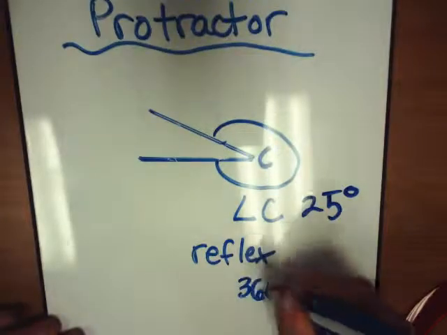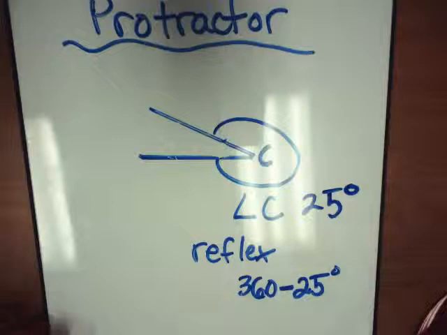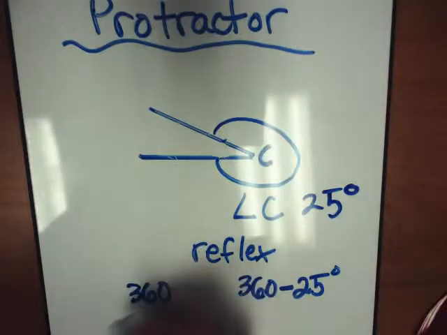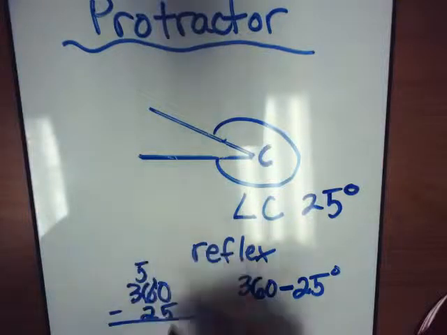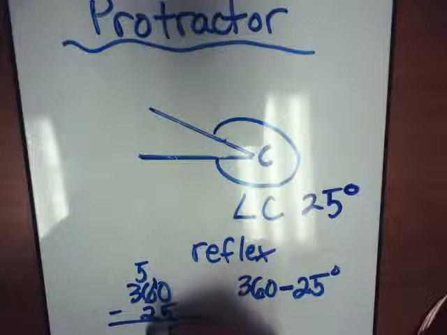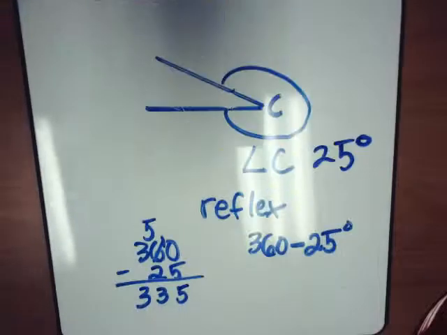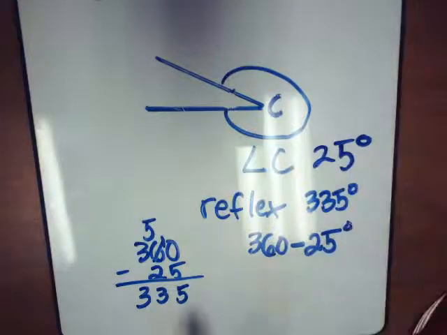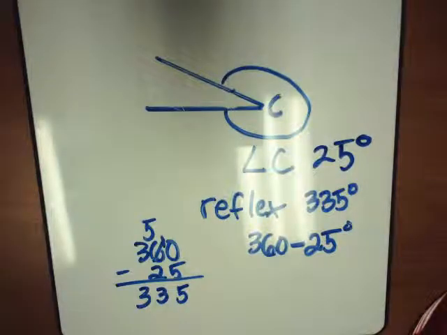So I got 360 minus 25 right here. So my reflex angle is 335 degrees. Okay, because 335 plus 25 would complete that full circle of 360.